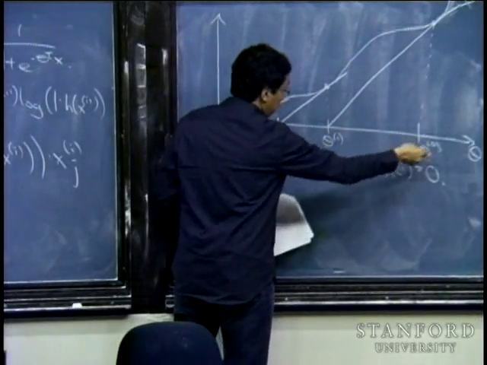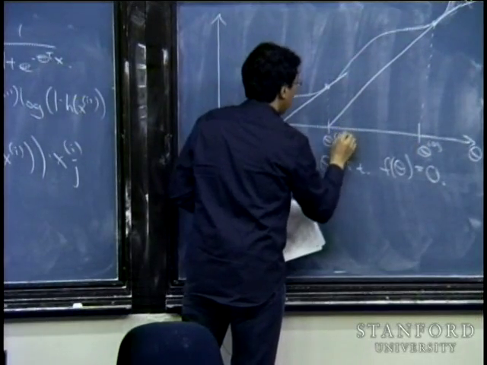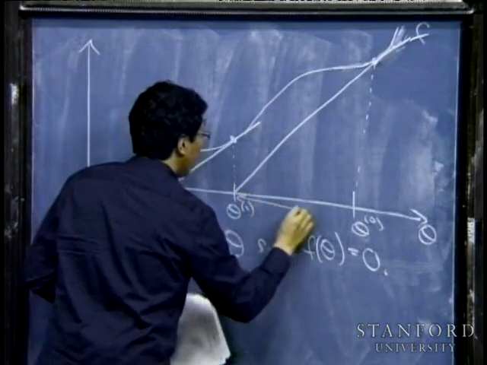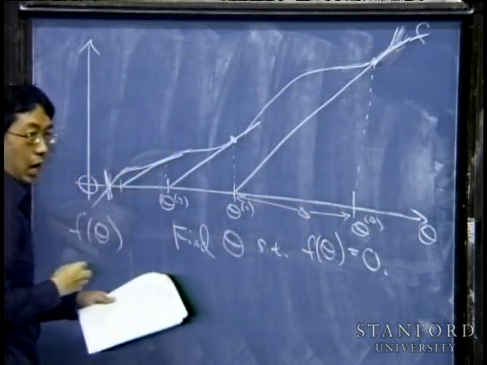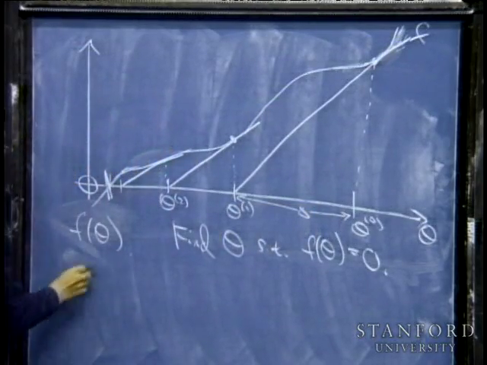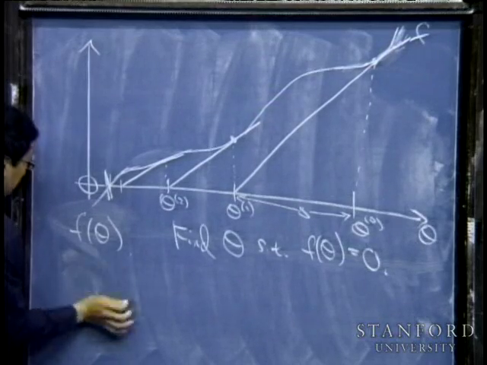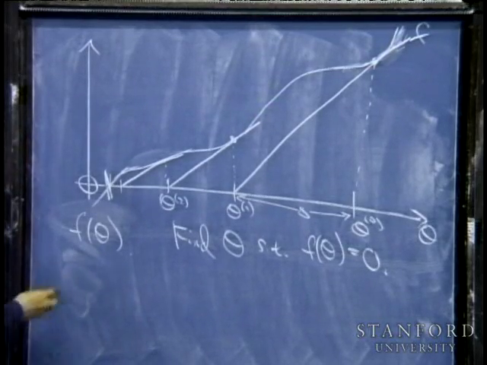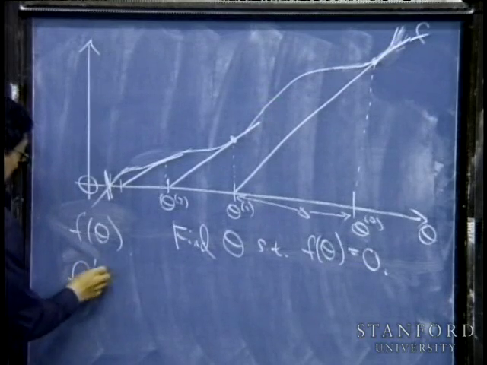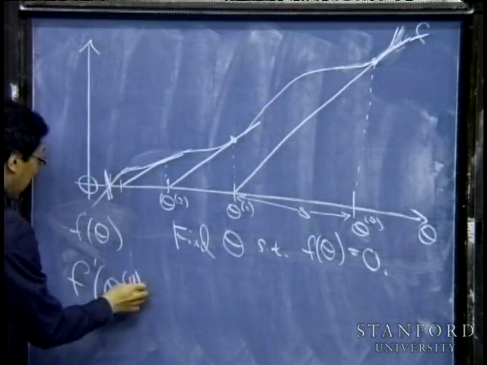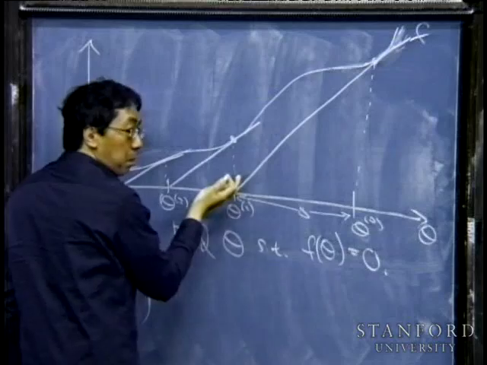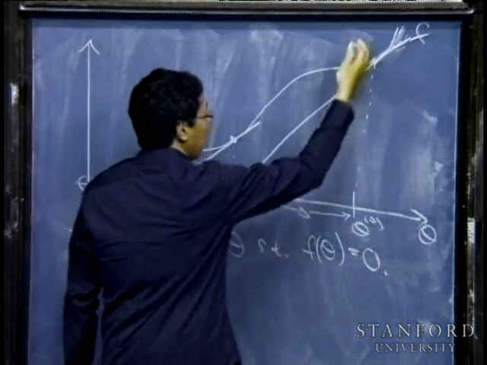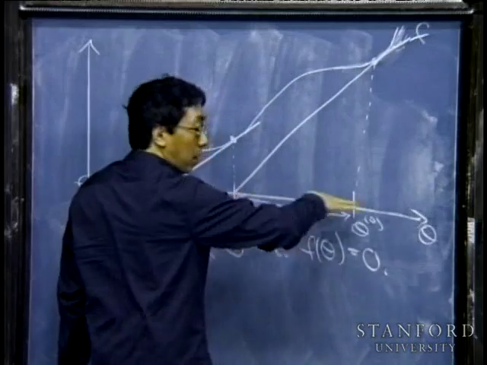So to go from theta 0 to theta 1, let me call that length capital delta. If you remember the definition of a derivative, the derivative of f evaluated at theta 0, in other words, the gradient of this first line, by the definition of gradient, is equal to this vertical length divided by this horizontal length.